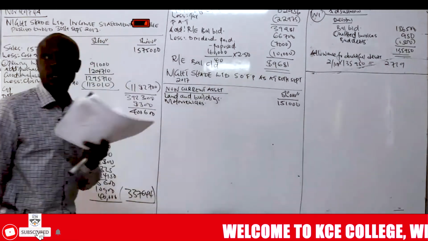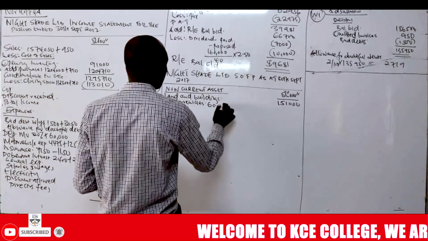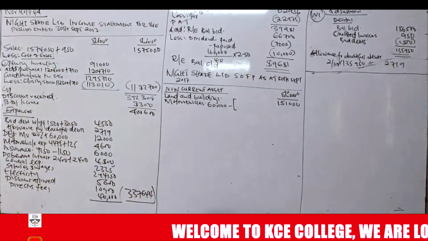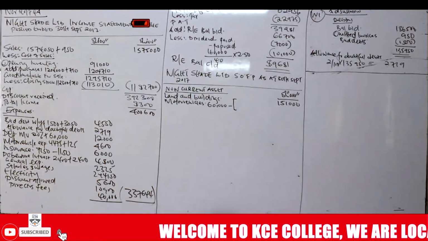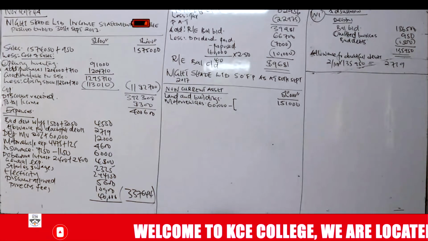And then we have motor vehicles. The cost is 60,000 minus, in brackets, the accumulated depreciation. Accumulated depreciation means the previous depreciation, which is found in the trial balance, plus the current one.